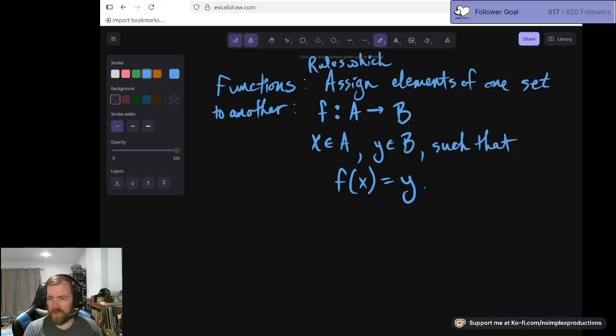This also can be written as x being mapped to y through function f. Again, generally speaking, we call these mappings.